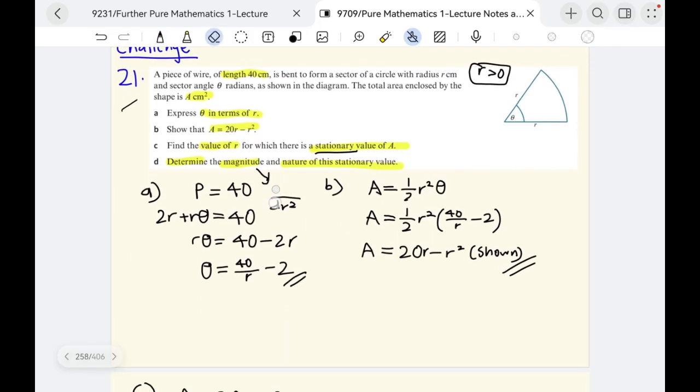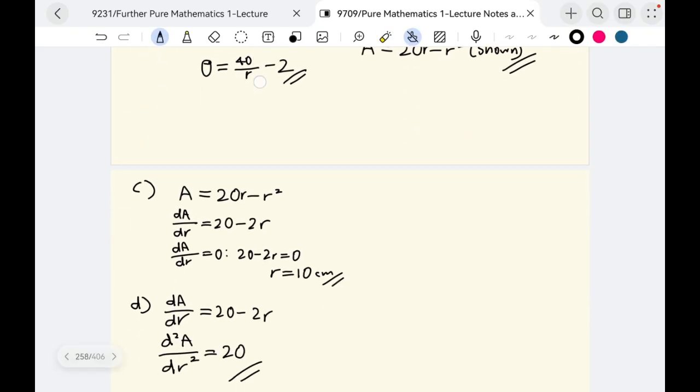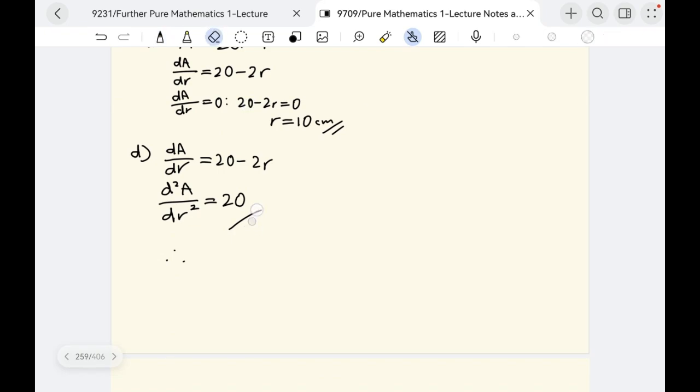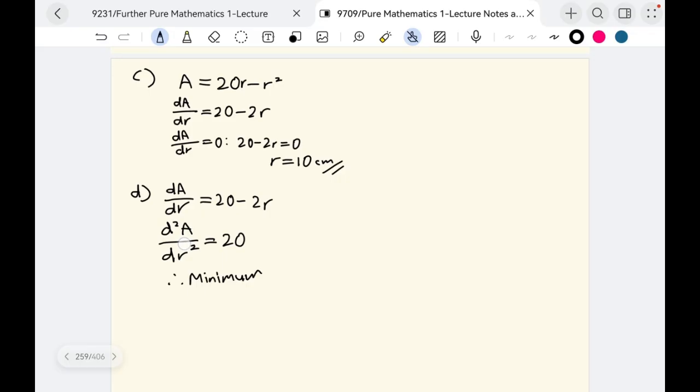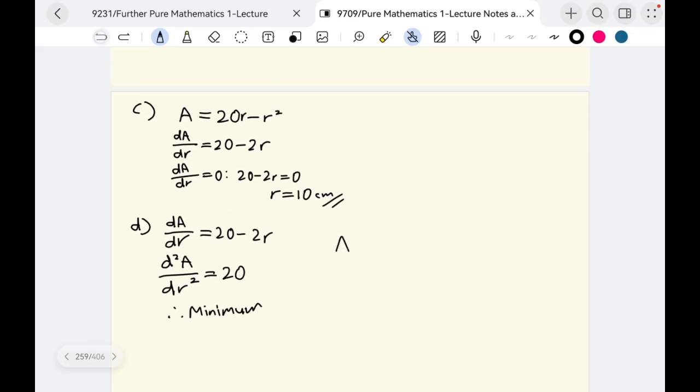Oh, sorry, my mistake. The magnitude means you have to find the A. Because the magnitude of this stationary value means you are finding the area. So we can only know that the area over here is minimum. Now let's find the A. r equals 10.